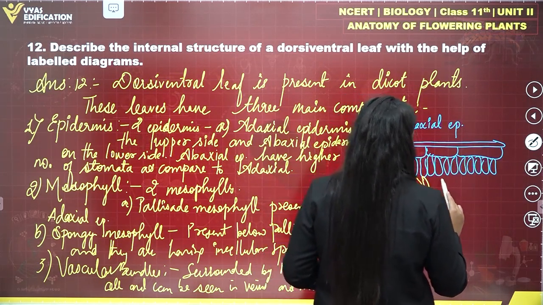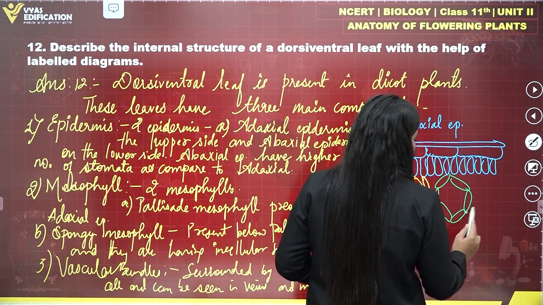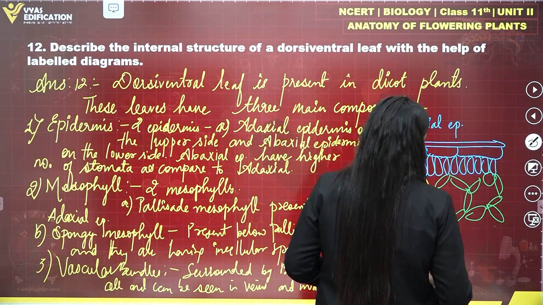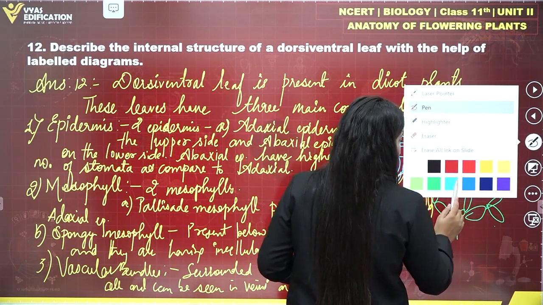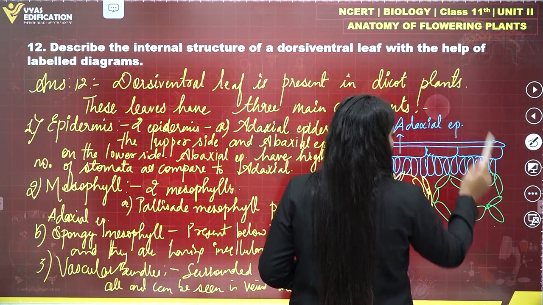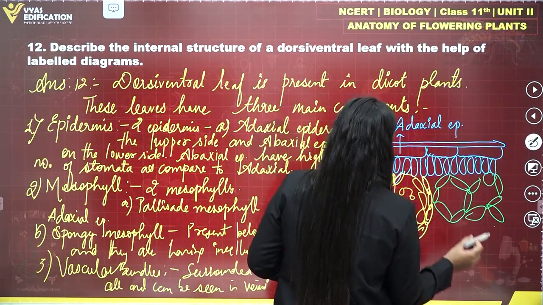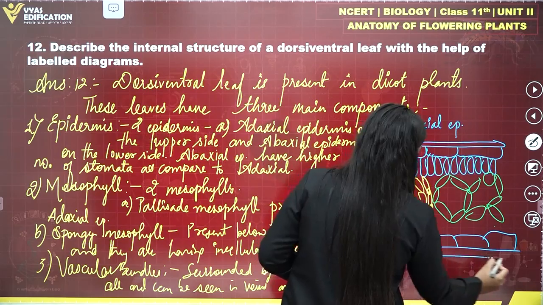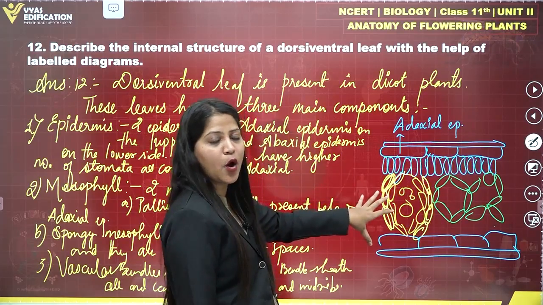Then we also have spongy mesophyll cells like here. Then we have the abaxial epidermis like this. So this is the complete diagram of the anatomy of a dorsiventral leaf.